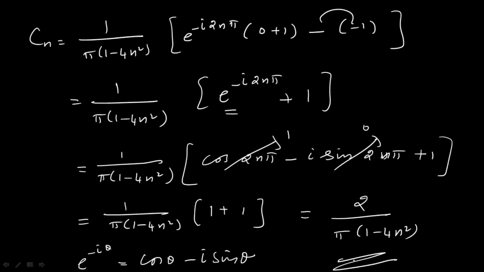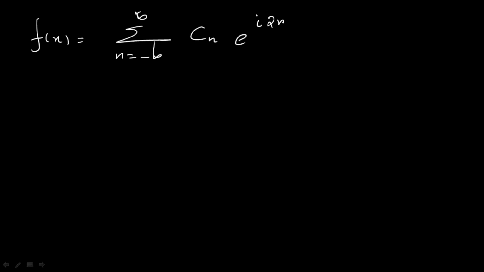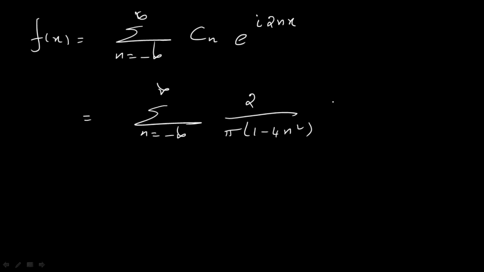So this is the value of Cn we have calculated, and substituting in f of x, that is your general complex Fourier series of the form f(x) = sigma n varies from minus infinity to infinity, the formula we have used is Cn e^(i2nx). So substituting the value of Cn here, the Cn value we have calculated just now is 2 upon pi of (1 - 4n²) e^(i2nx).